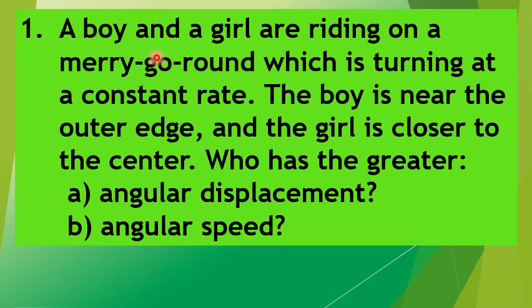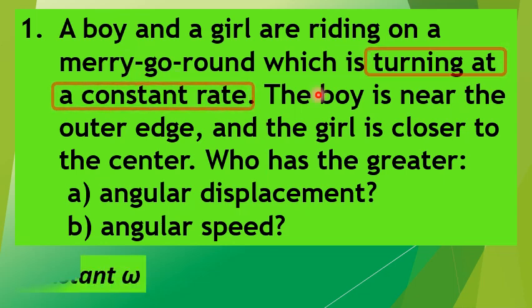So for the first question, number 1, the merry-go-round is turning at a constant rate. This means the angular speed or angular velocity omega of the merry-go-round is constant throughout the motion.